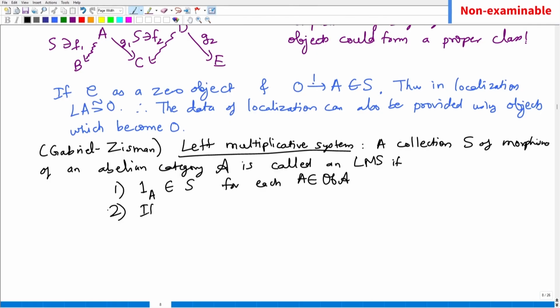So if f and g belong to S and g composed with f exists, then g composed with f is also in S.